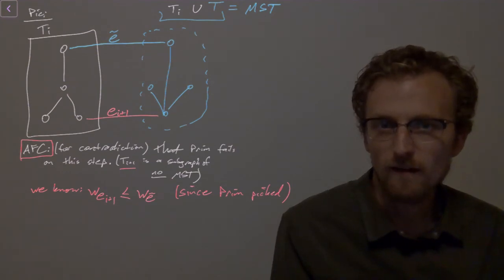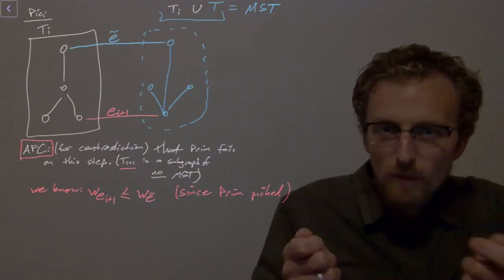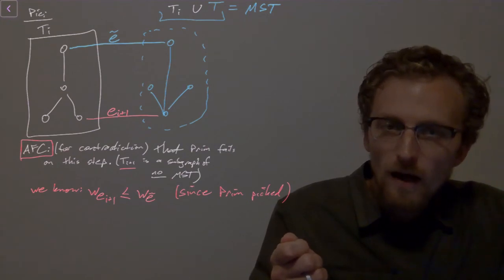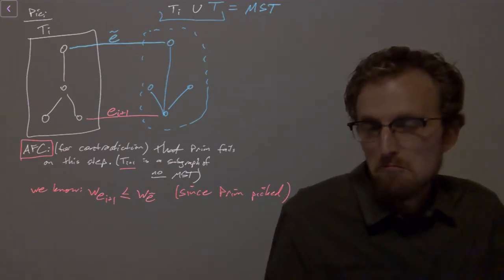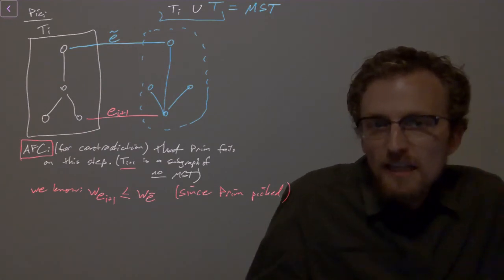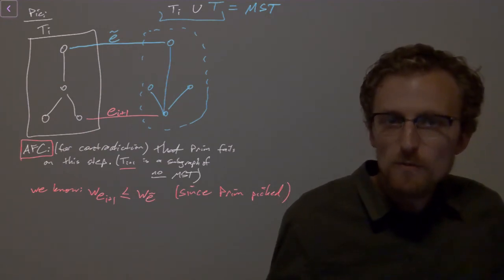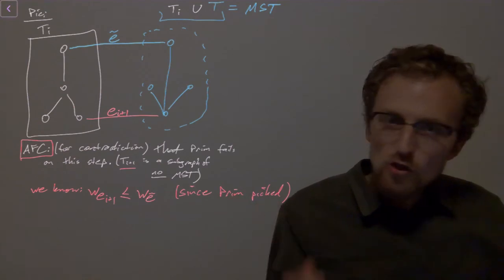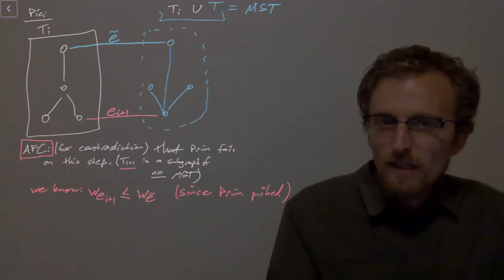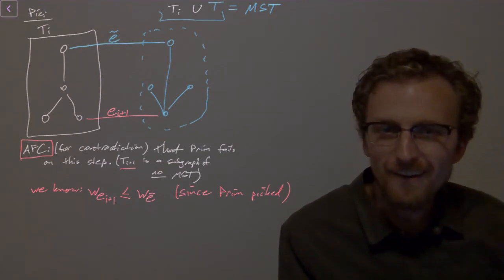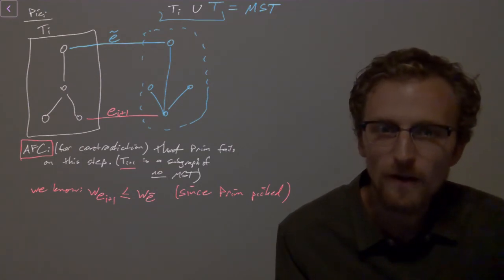Here's what I said: I want to take a minimum spanning tree and modify it so that it has a lower weight. That's not a thing that's possible. If it were a minimum spanning tree, then there's no modification you can make to it to decrease its weight. So let's go forward and do this thing that is impossible.